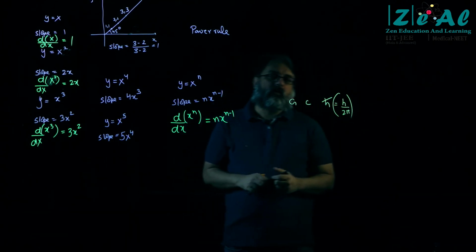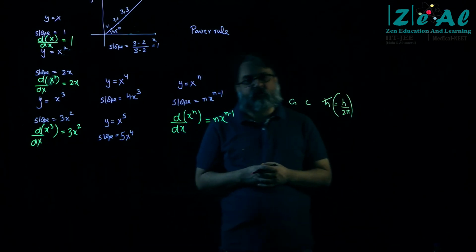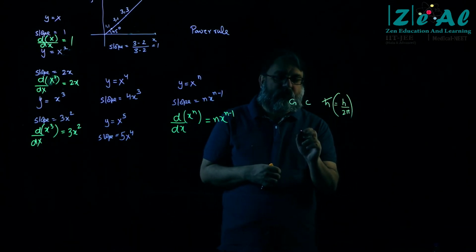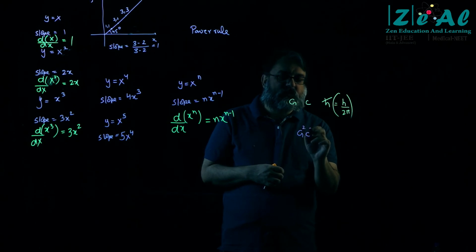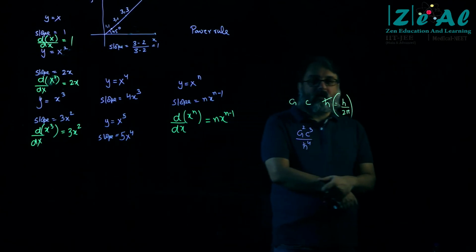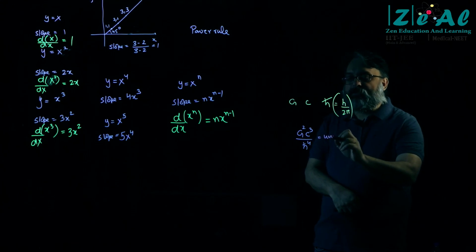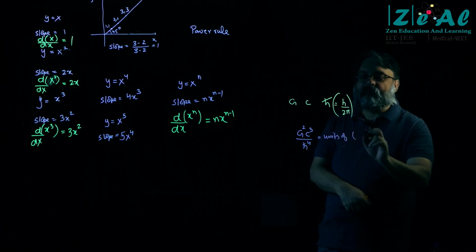So in fact this is an exercise that we are going to do eventually when we study units and dimensions. You write G squared C cubed divided by H to the power 4, something like that, I don't know. If you do this, then you get the units of something.